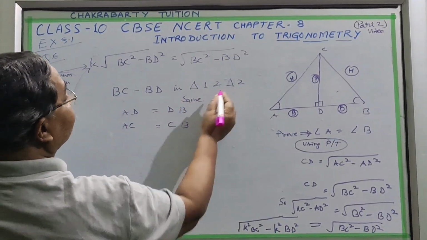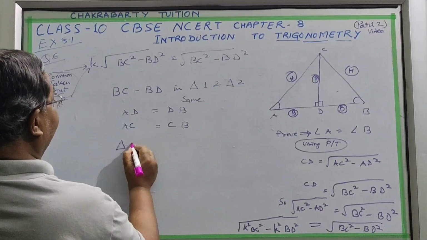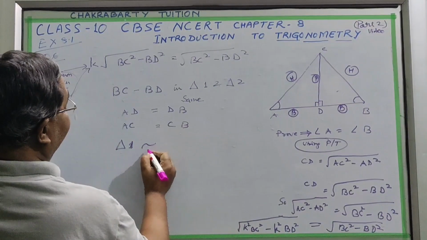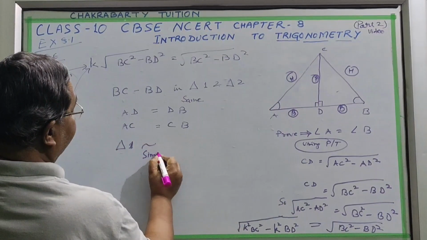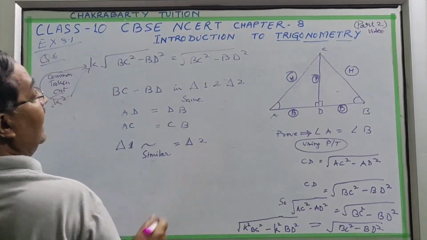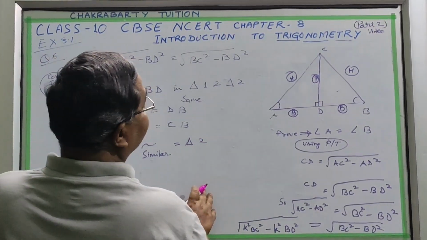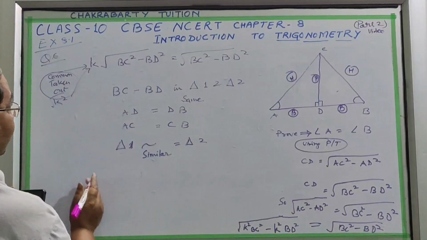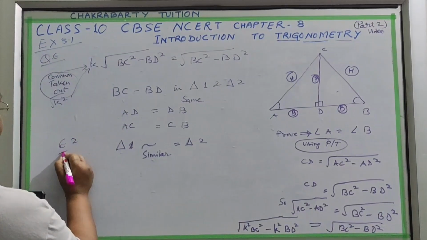So triangle 1 is similar to triangle 2. Now what happens? One theorem is there, 6.2 of Thales.